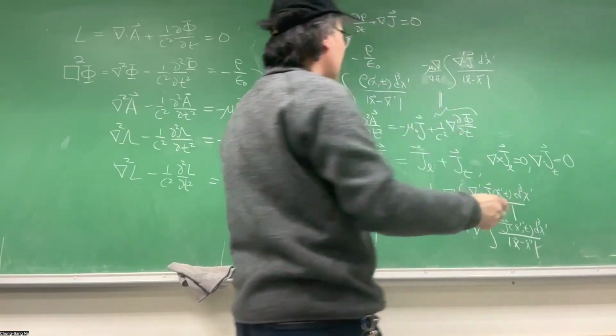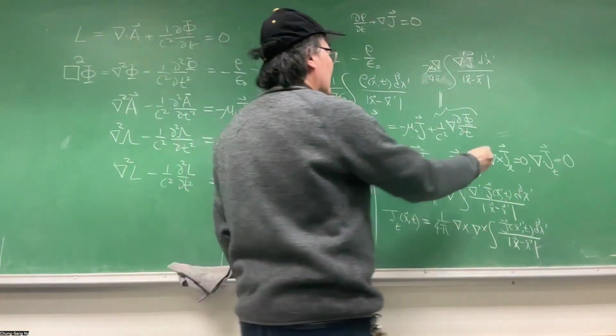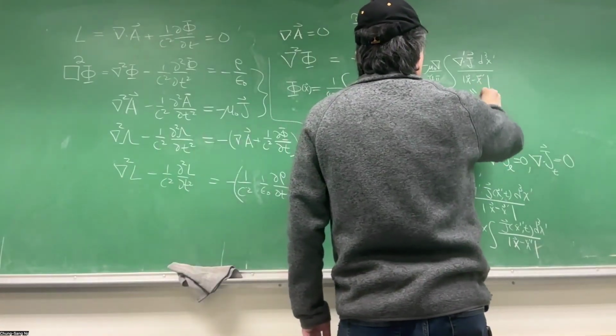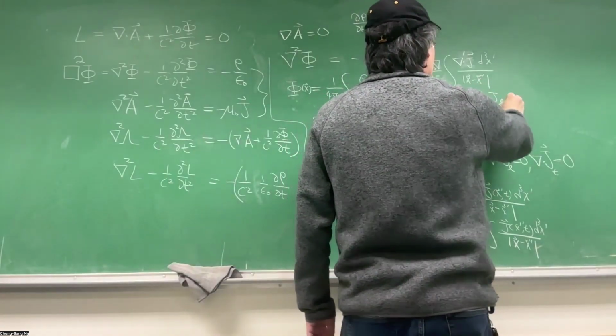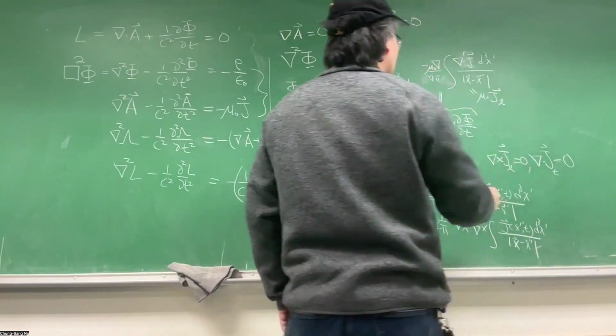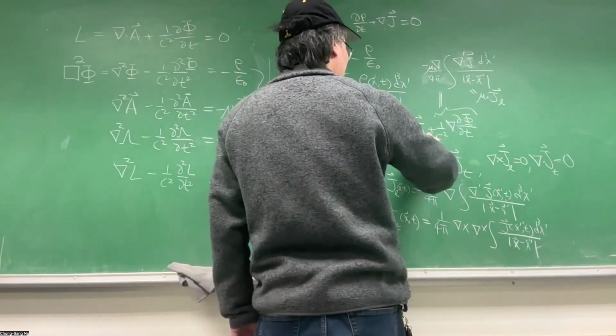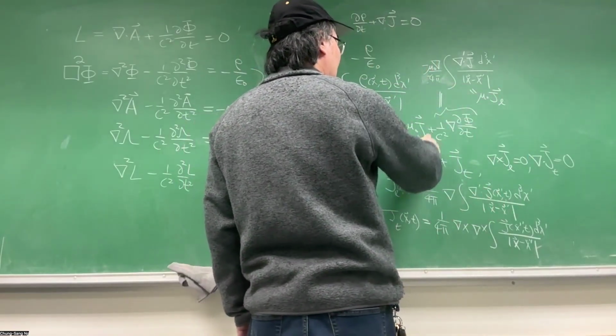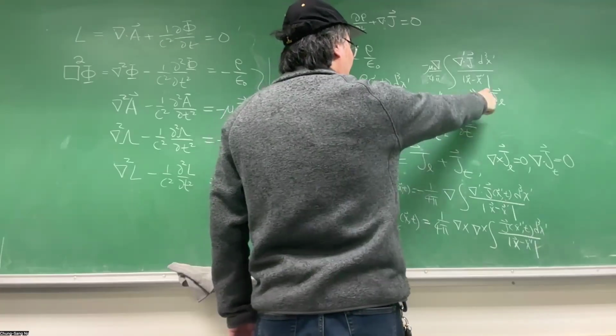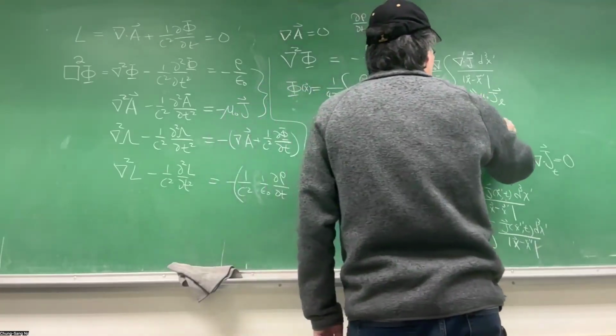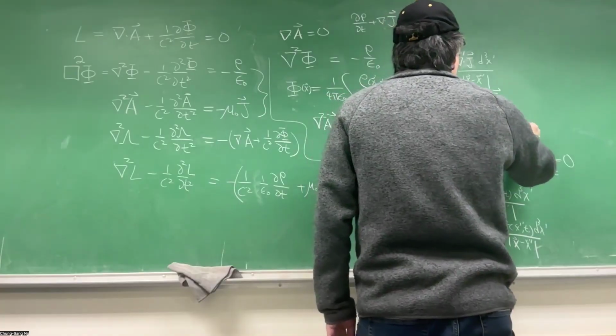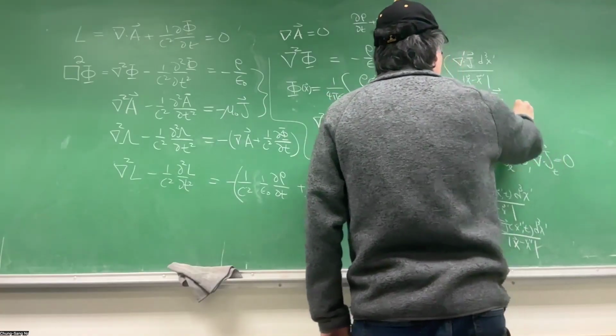So the longitudinal part cancels. So basically this is mu 0 J sub L. And so the part of J sub L with the negative sign, you cancel with this one. So what is left is the transverse part.